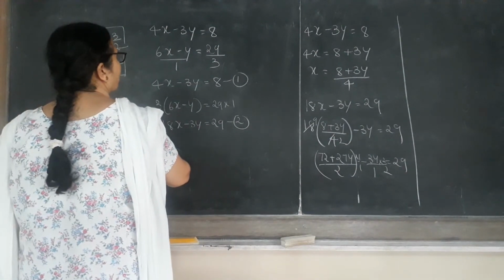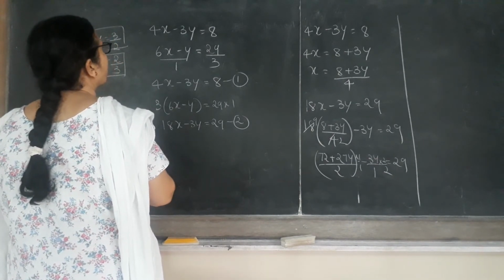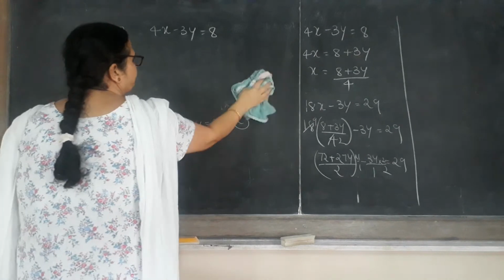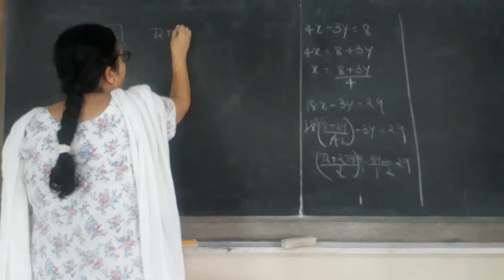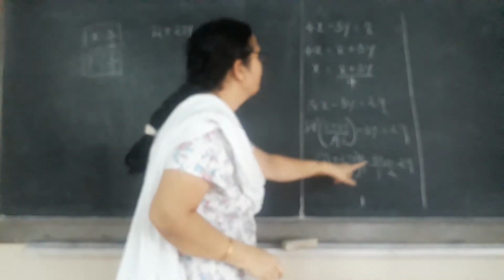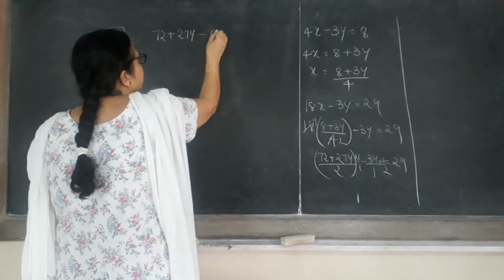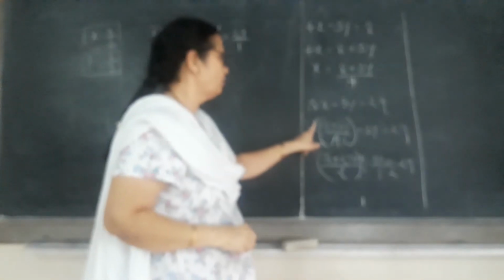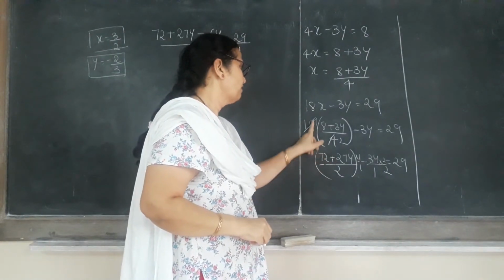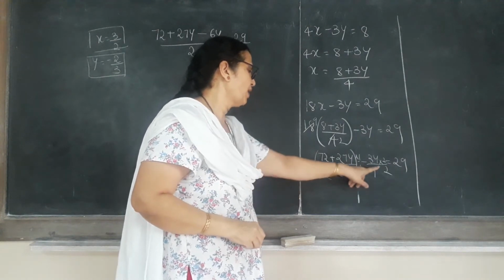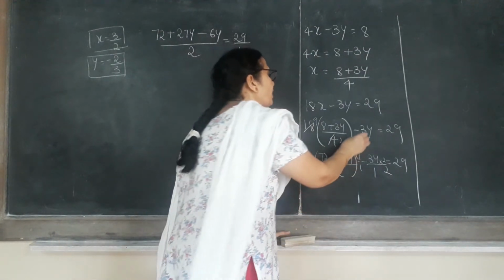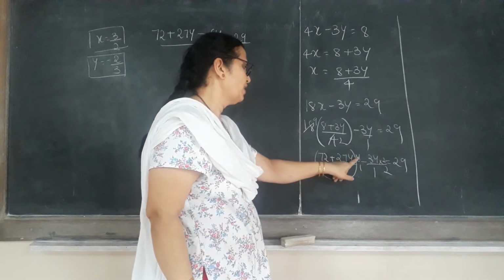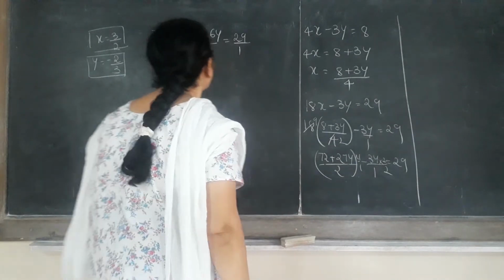Now 72 plus 27y. It should be multiplied by 2, minus 3y, 6y upon 2 is equal to 29 upon 1. 2 9s are, 2 2s are 9, 9 8s are 72 plus 9 3s are 27y upon 2 minus 3y is 29. 2 and 1 LCM is 2. 2 means it should be multiplied by 1. It should be multiplied by 2.